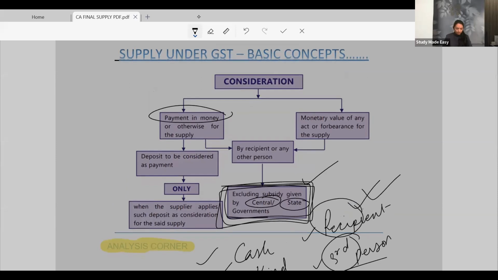Now make a point related to consideration. Consideration can be paid in cash or in kind. It can be paid by a recipient or a third party.